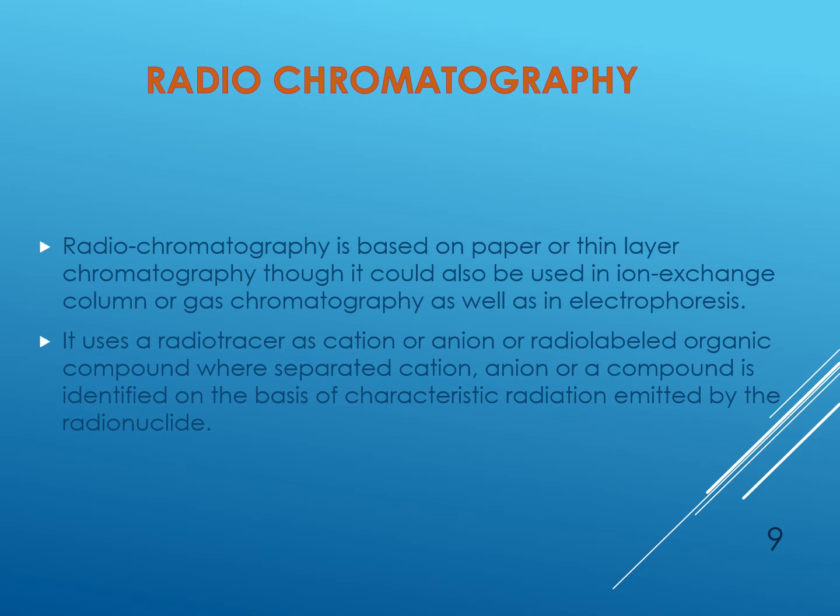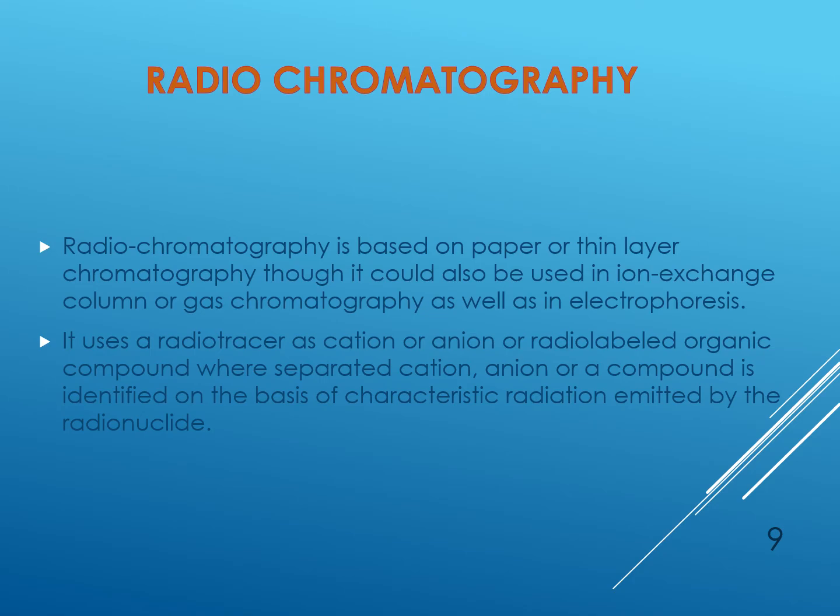We have different types of chromatography like paper chromatography, thin layer chromatography, gas chromatography, liquid chromatography, ion exchange chromatography, and electrophoresis. Radiochromatography is based on paper or thin layer chromatography, though it could also be used in ion exchange columns or gas chromatography as well as in electrophoresis.